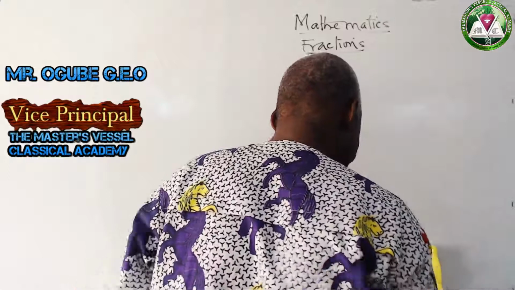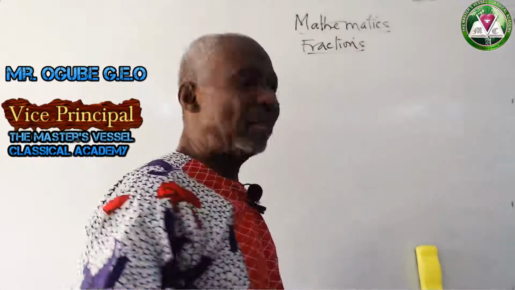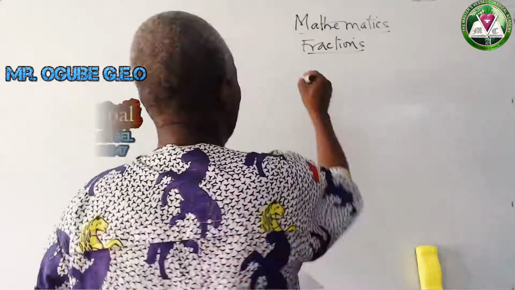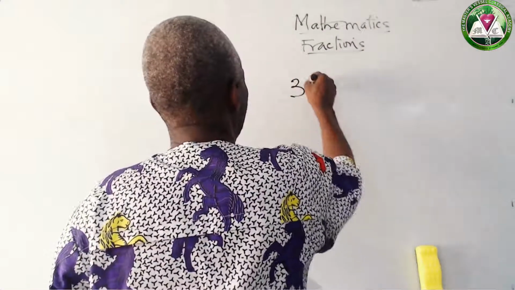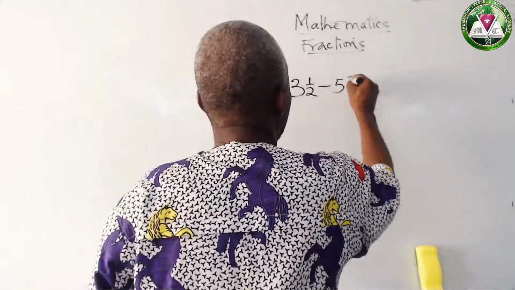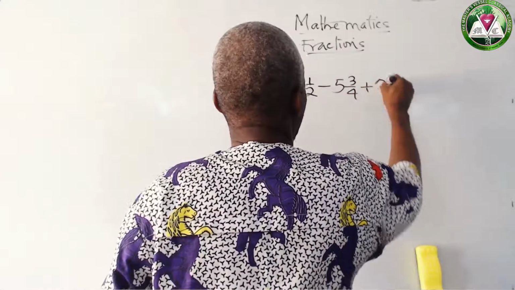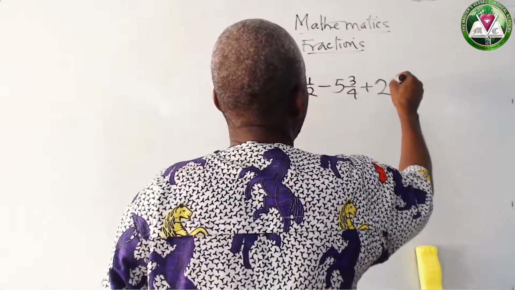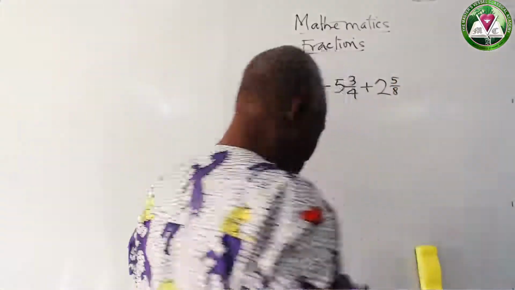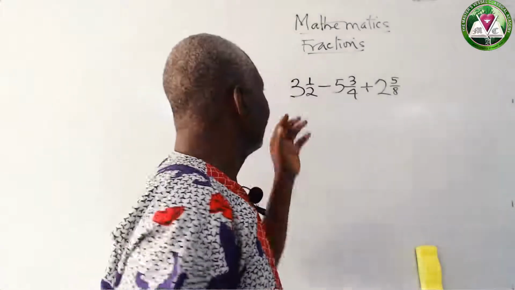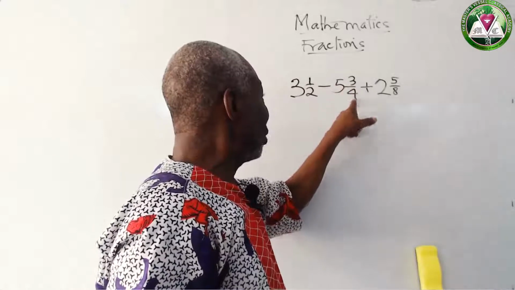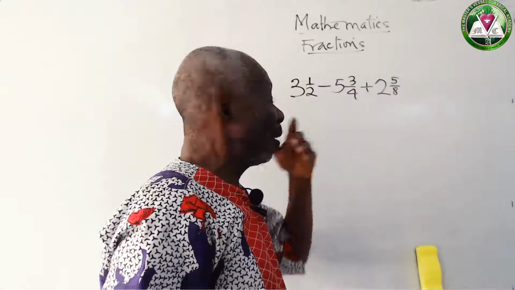There's a stage where we apply number 6. Now, let's take for instance, I have 3.5, that is what I'm given. You look at it: 3.5 minus 5 whole number 3 over 4 plus 2 whole number 5 over 8.